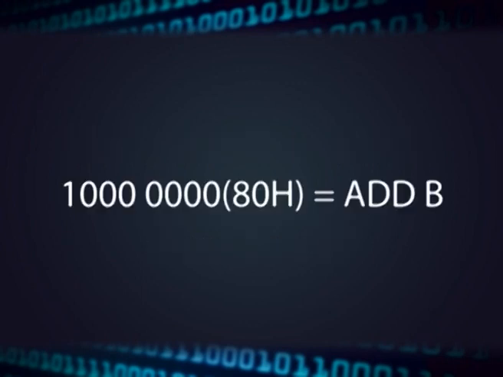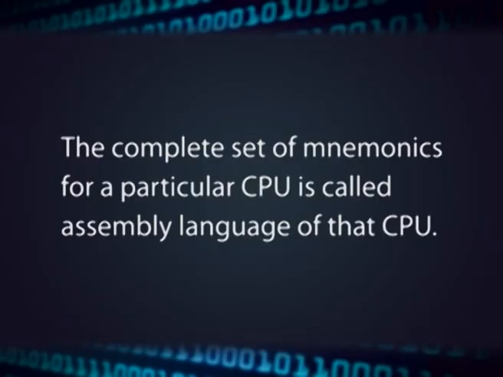Similarly, the binary pattern 1000 0000 represented as 80 hex is assigned a mnemonic ADD B. As the mnemonic reflects the operation performed by the instruction, it clearly helps to memorize the instruction. The complete set of mnemonics for a particular CPU is called assembly language of that CPU.